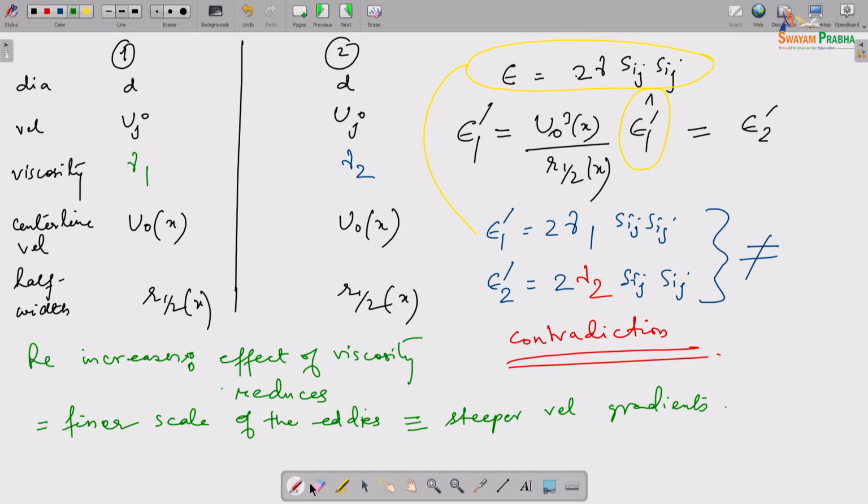So what I'm trying to say is, as the Reynolds number increases, the effect of viscosity is less, fine, but then this increases correspondingly. So in effect, these two can be said to be similar.